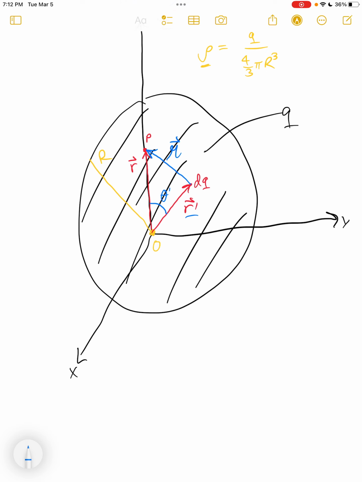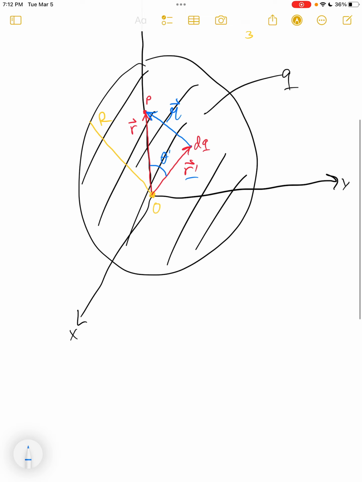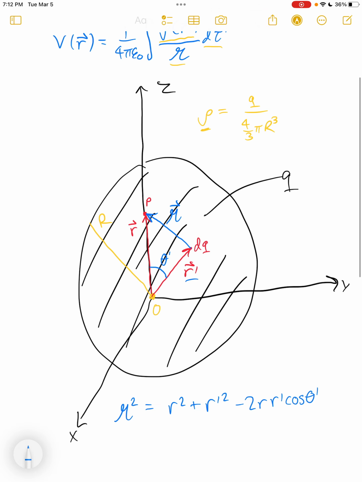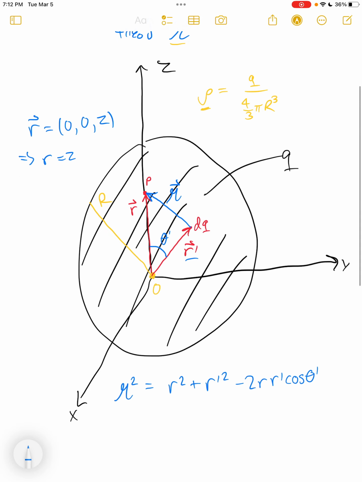Okay, now here's what we're going to do. We're going to use the law of cosines to find script R magnitude. So let's write this out. One quick adjustment to make here is that because r is just 0, 0, z, its magnitude is just z.